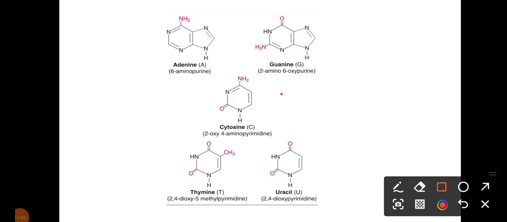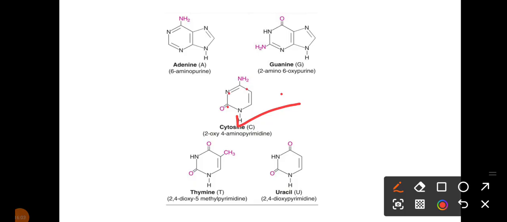Cytosine is a pyrimidine base, right? Cytosine, thymine and uracil: you have to remember these three bases are from the pyrimidine category. So the basic moiety is pyrimidine. Here the numbering changes. The numbering starts from this NH, so 1, 2, 3, 4.